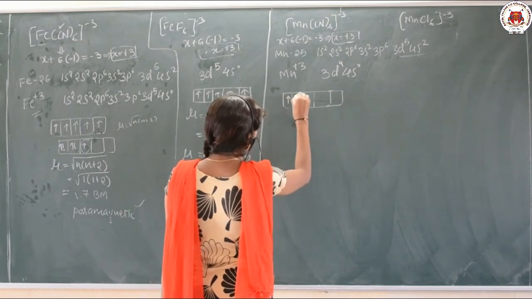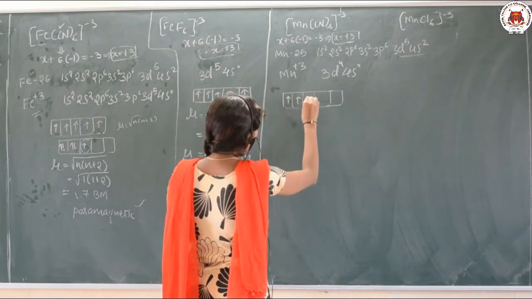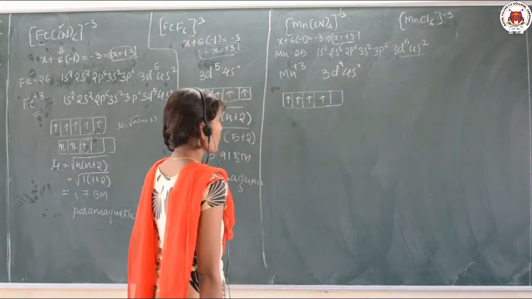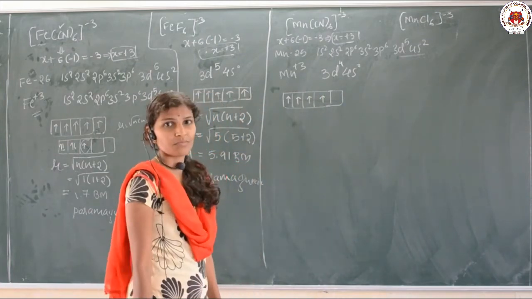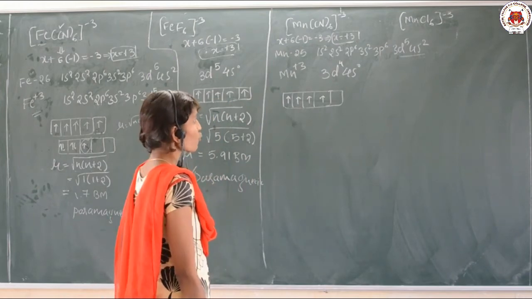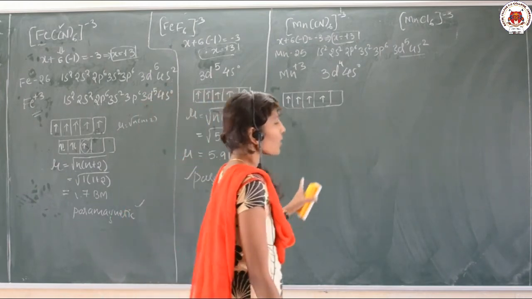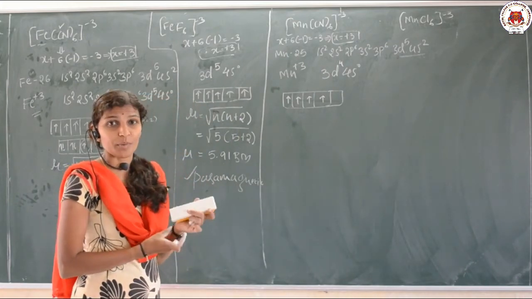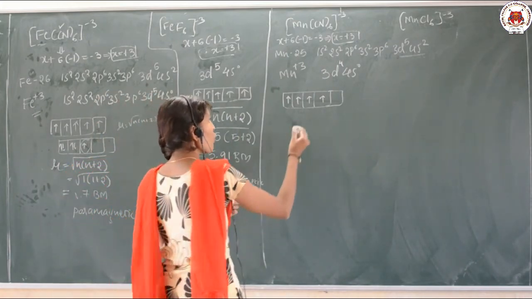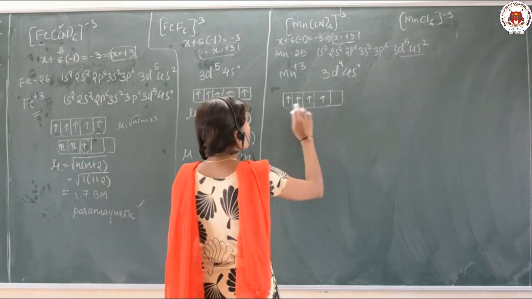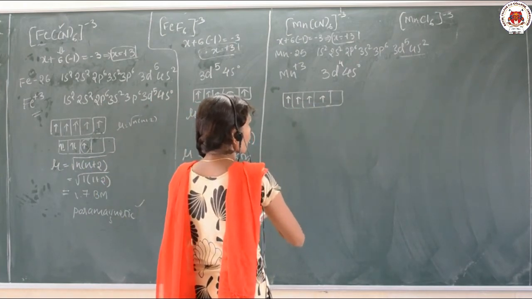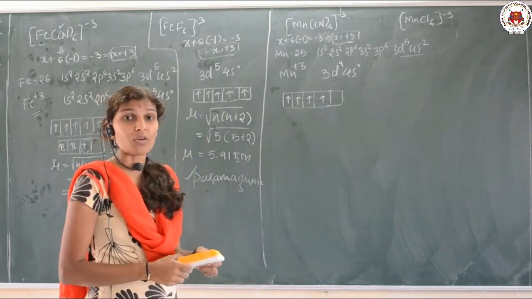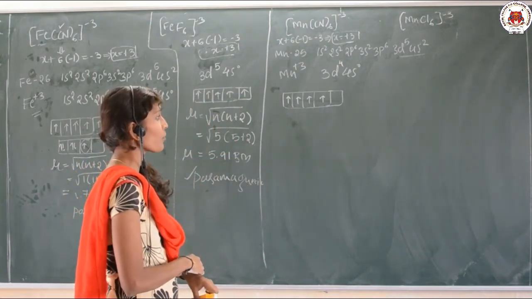1, 2, 3, 4. CN is a strong ligand. So what does it make? Pairing of the electrons is going to take place. Only 1 electron is going to get paired here. Why only 1 electron is going to get paired here?